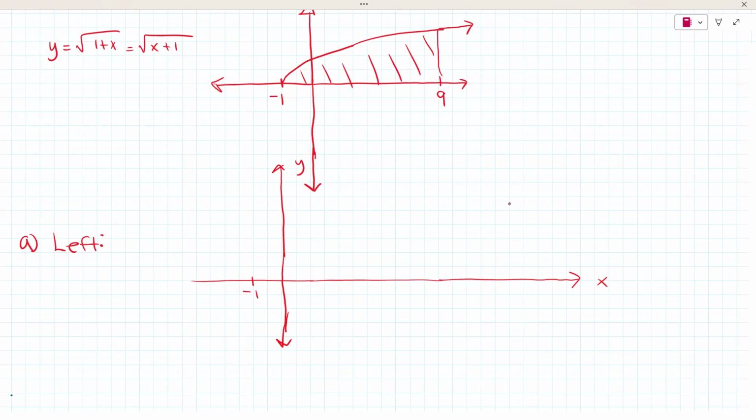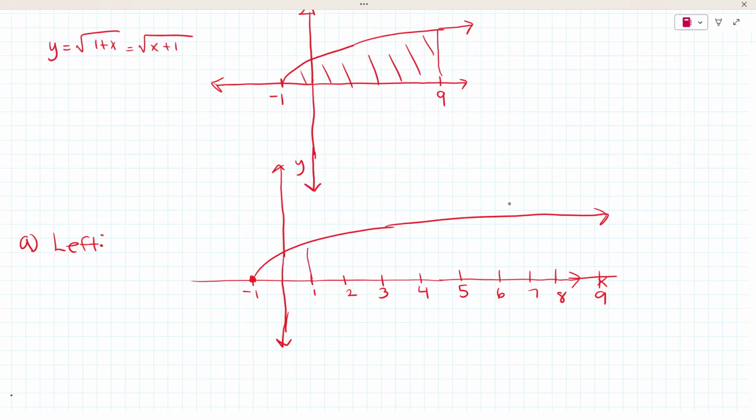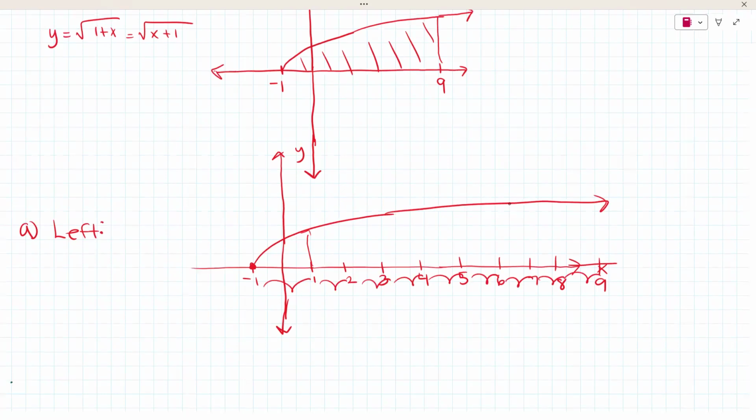Here's 1, 2. Visually, try to make rectangles from -1 to 1, 1 to 2, 2 to 3, and so on up to 8 to 9. So let's make our boxes.